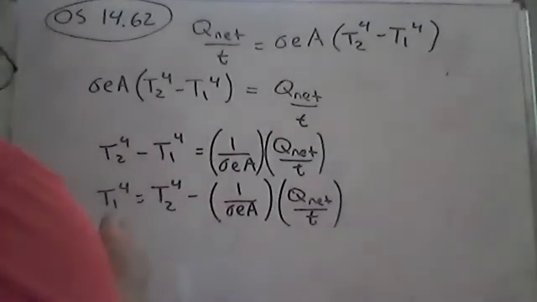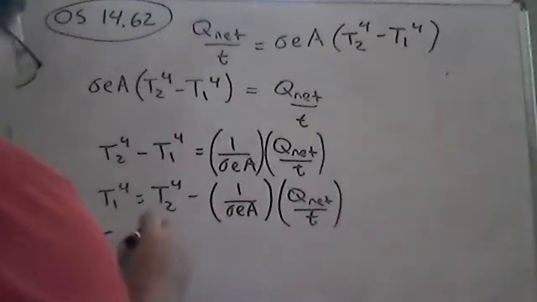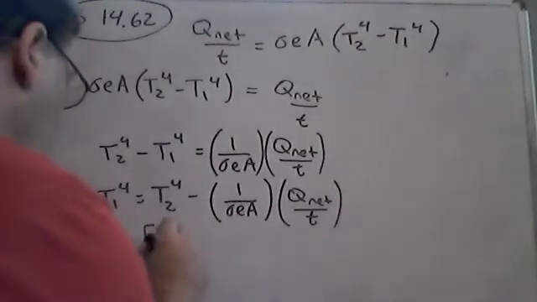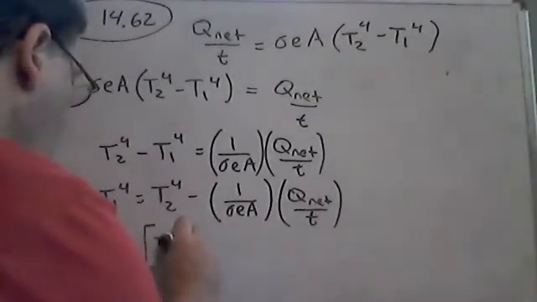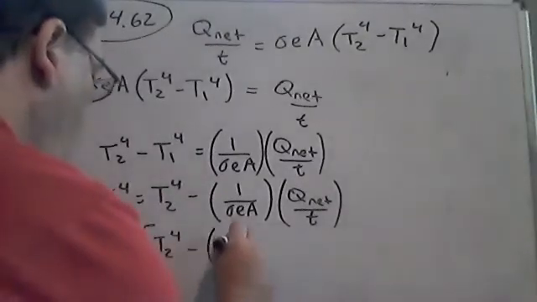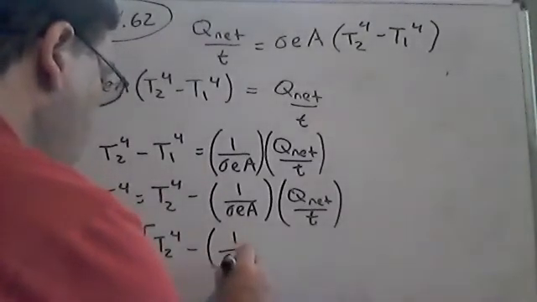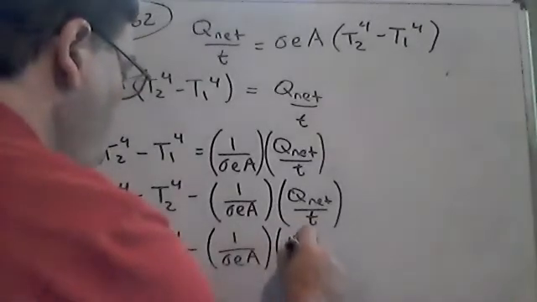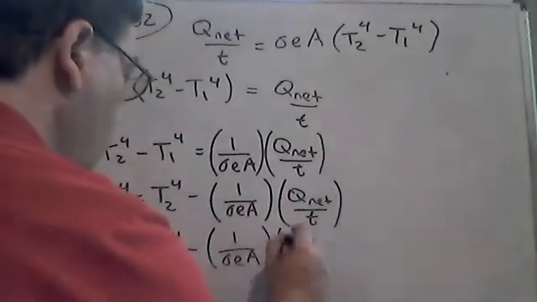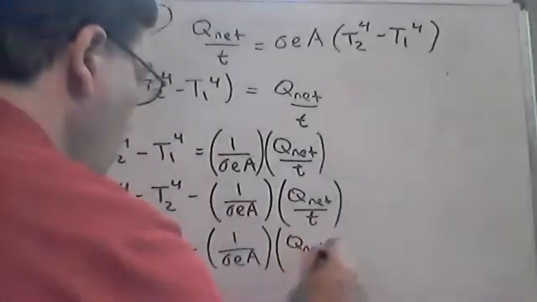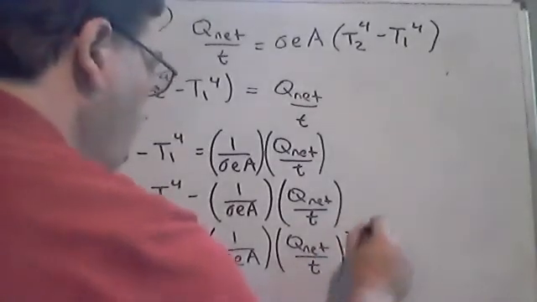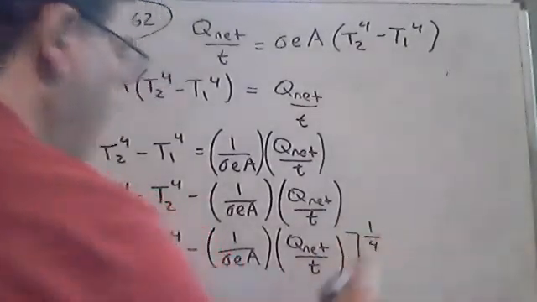So what I now get is T1 is, I'll put big brackets, T2 to the 4th minus 1 over sigma EA times Q net over T, and brackets.